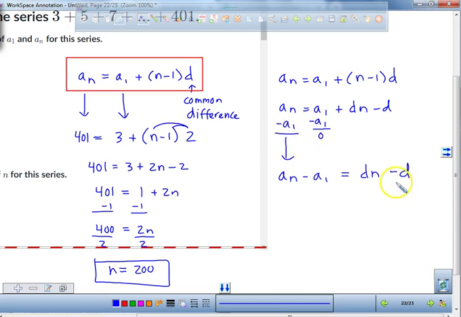Next thing I'm going to do is add a D to both sides. I'm going to add D to this side. I'm going to add D to this side. So what do we have left? AN minus A1 plus D equal to D times N.